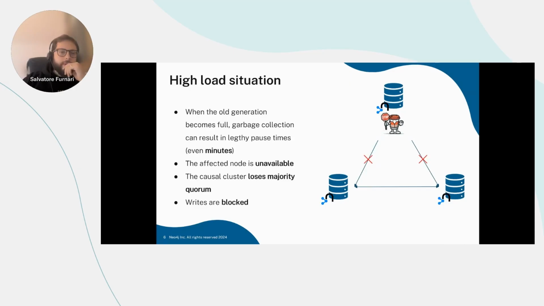So the cluster experiences a decrease in performance. The node doesn't communicate with the other nodes in the cluster, and for this reason, the whole cluster loses the majority quorum. The writes are blocked.